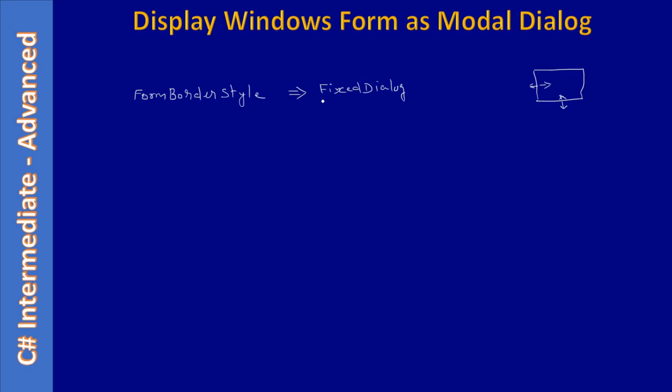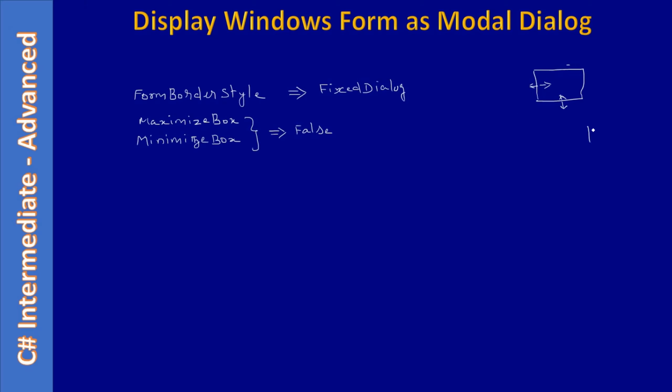By default, this will be a free flow one, sizable, and first we need to change that to a fixed dialog. Then to eliminate the minimize and maximize buttons, we need to set maximize box and minimize box to false.